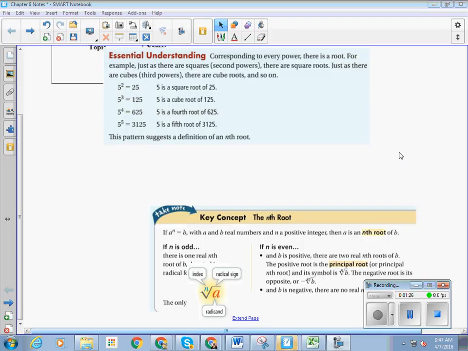So if I can raise a to the nth power and get b, then a is the nth root of b. Okay, so the positive root is the principal root.